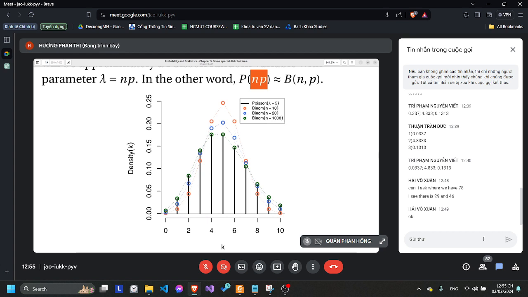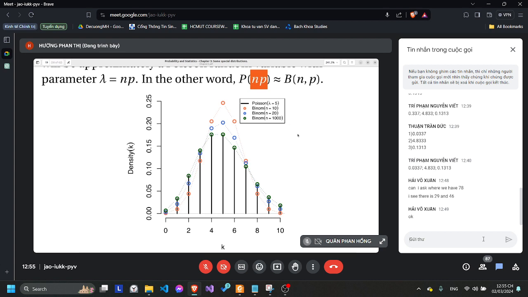It implies that the binomial distribution now approximately equals the Poisson distribution. This means that in this case, calculating the probability of S equals k using the binomial or using the Poisson will be similar. You get similar results.